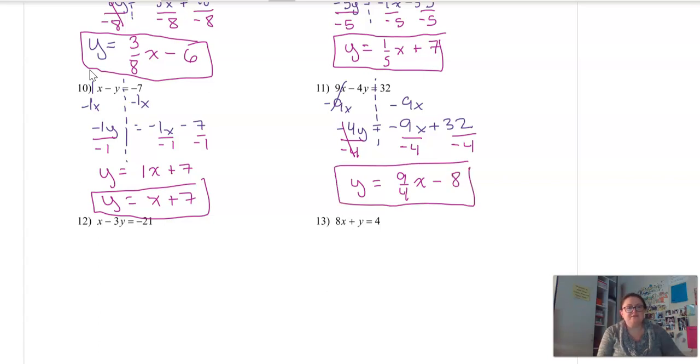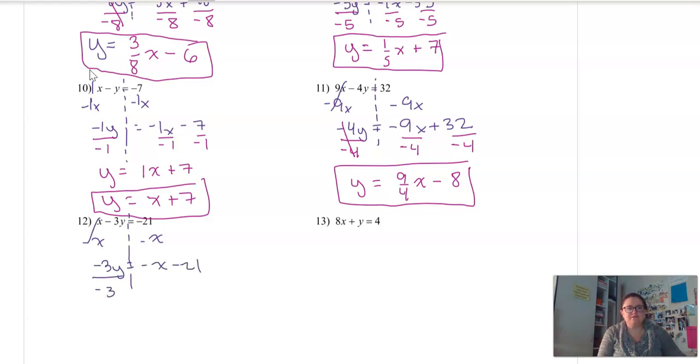Okay? 2 more. If you haven't hit pause yet, maybe you're ready. Maybe now is a good time to hit pause, try a couple, then do them, and then hit play to see if you got them right. So, for this one, we're going to subtract x on both sides. Negative 3y equals negative x minus 21.